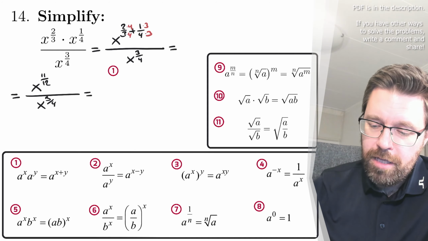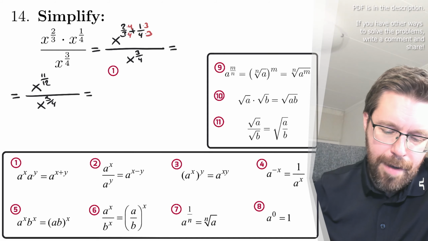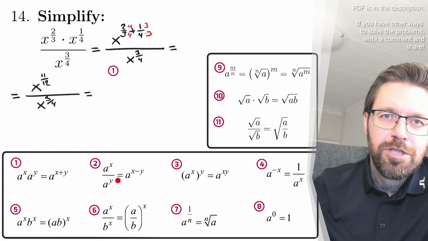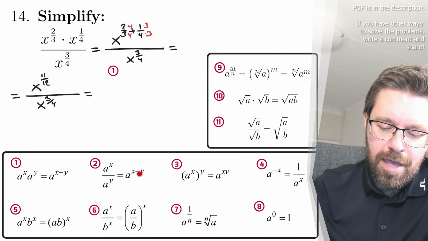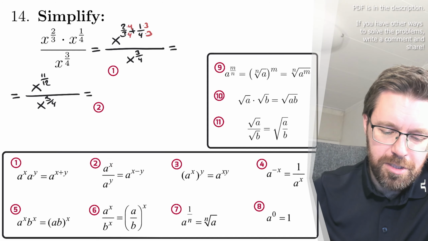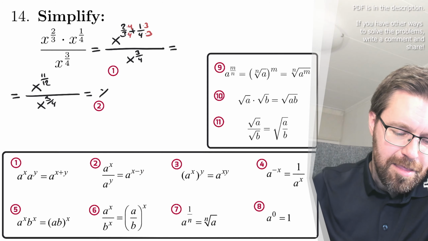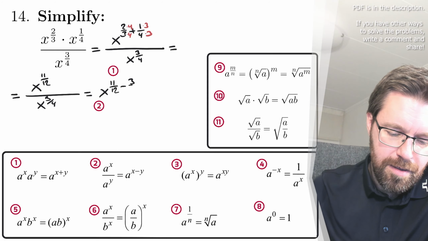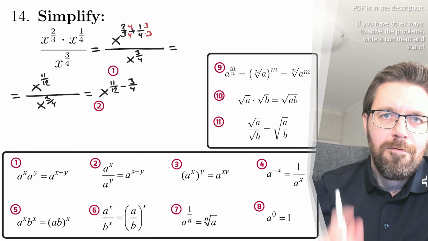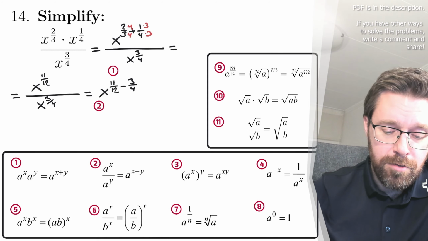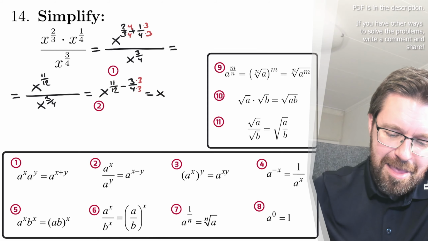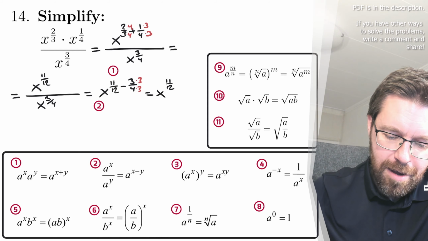And now we can use rule number 2, because we have a quotient here, and then we can subtract the exponents from each other. So x raised to 11 over 12 minus 3 over 4. And we have to multiply to get the same denominator. So multiply this one with 3 and 3. And then it equals x raised to 11 over 12 minus 9 over 12.